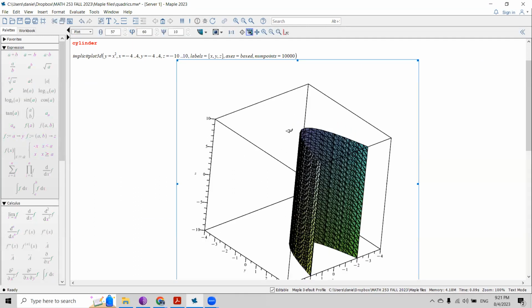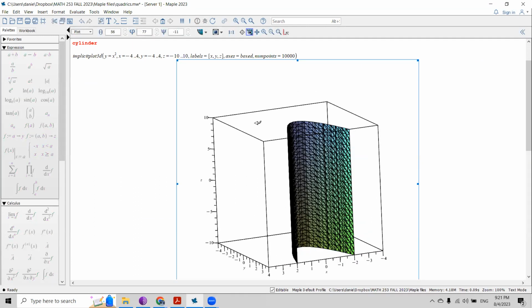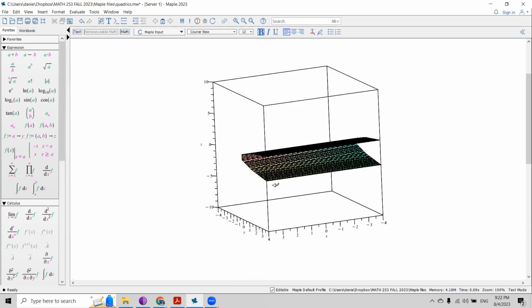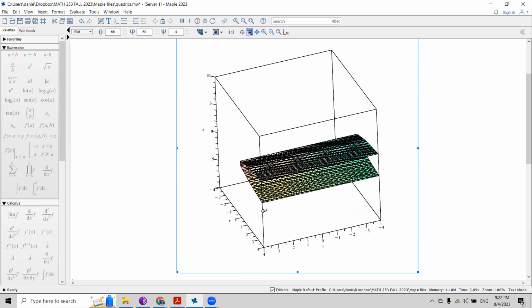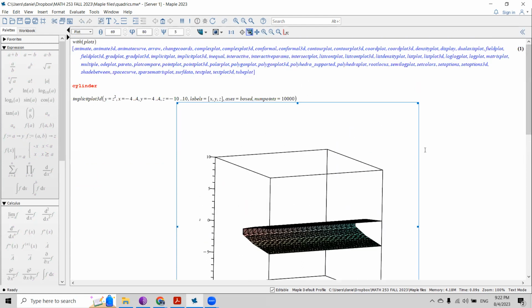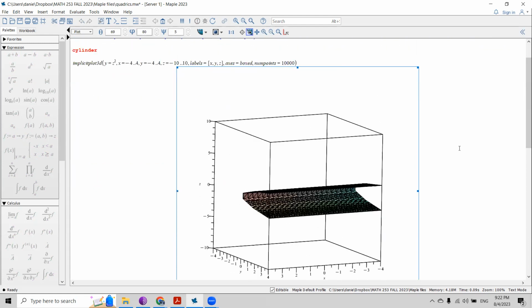That's what creates the cylindrical shape. And obviously, if I change the meaning of the coordinates here, let's say I have y equals z squared, and I let x vary, that's going to be a cylinder along the x-axis, because now x can take any value.